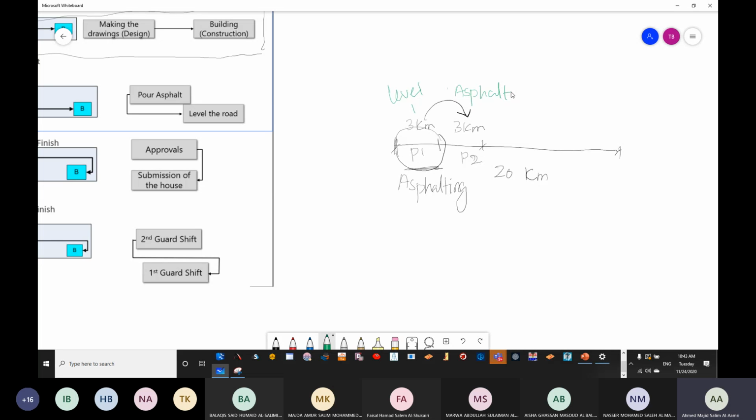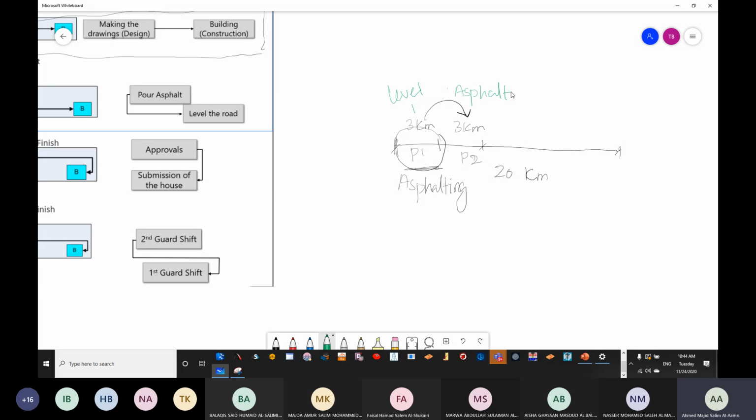Once again, I finished the asphalting from the first part and then I started the asphalting in the second part. Now, whenever I am doing the asphalting for the second part, can I do the leveling at the same time for part number 1? Once again, finish the asphalting for part number 1.